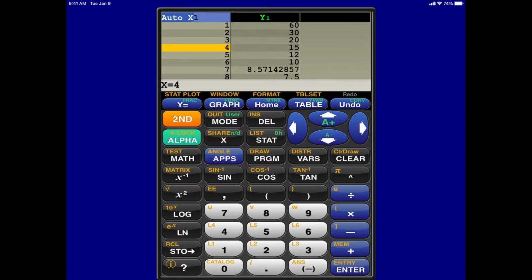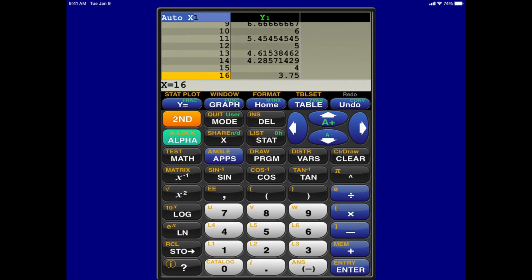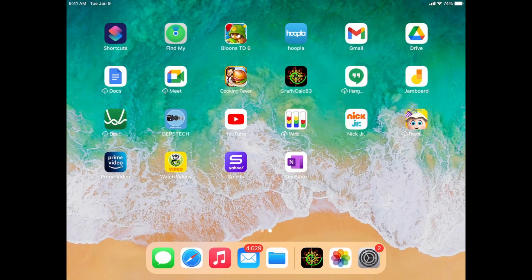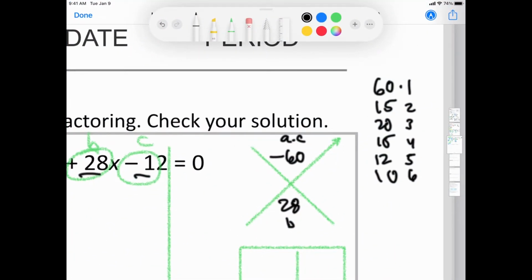I don't know if you recognize that. 60 divided by 1 is 60, so 1 times 60, 2 times 30, 4 times 15, no. 12 and 5, no. 15 and 4, no. 20 and 3, no. 30 and 2, duh! You guys were probably staring right at it. I just had to see it. Why did I write 15 times 2? That's why. Did you guys see that?